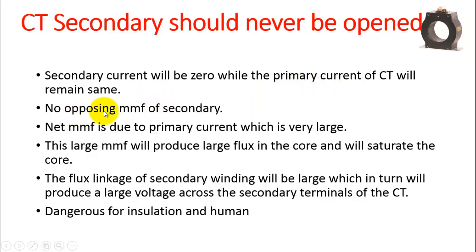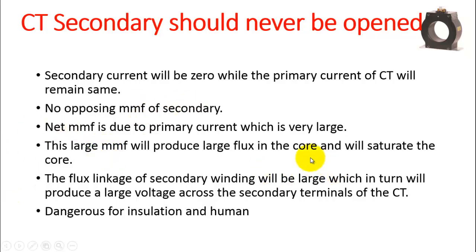No opposing MMF of secondary is generated, and the net MMF in the CT is all because of the primary current, which is very large, and this large MMF will produce large flux in the coil and will saturate the core because there will be no opposing MMF due to a zero secondary current.